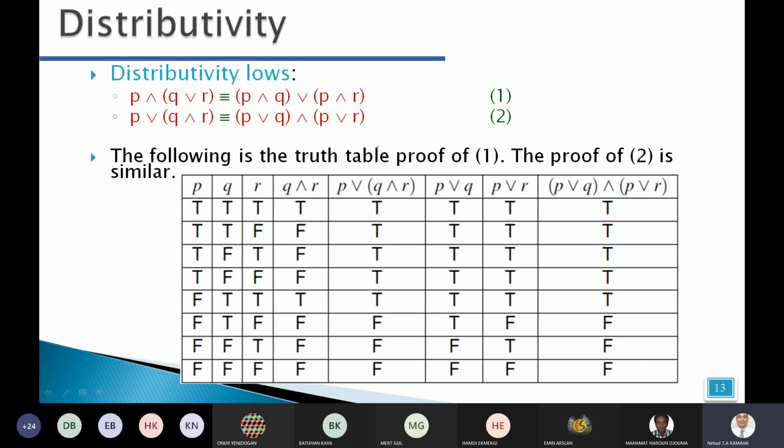Yes, yes, commutativity. I will mention this rule later, but it's another rule. You cannot distribute and with and. It's same like in the mathematics when you said x multiply by y multiply by z.